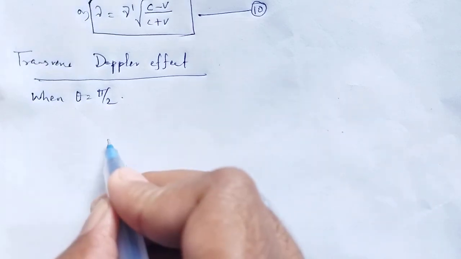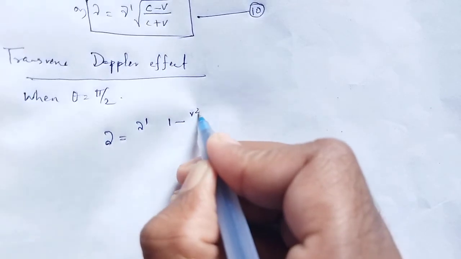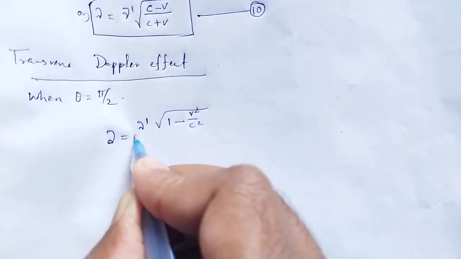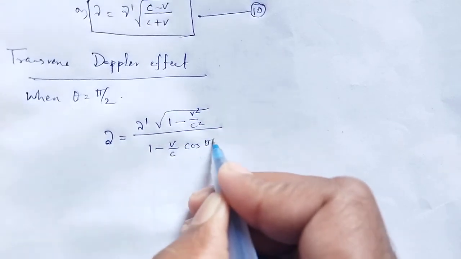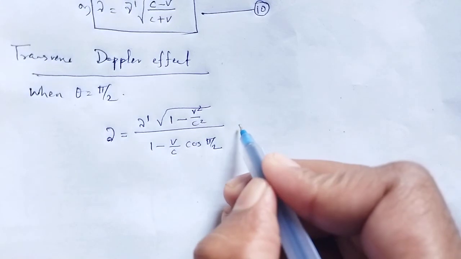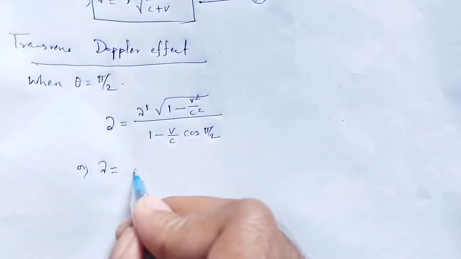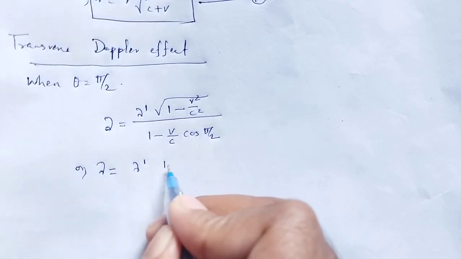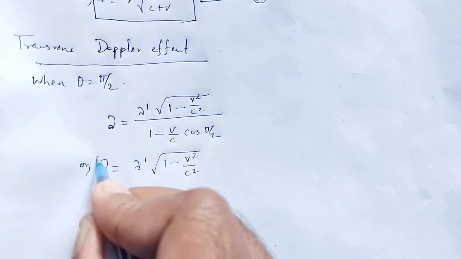Then the equation changes to nu is equal to nu dash square root of 1 minus v square by c square, divided by 1 minus v by c cos pi by 2. Cos pi by 2 is equal to 0. Therefore, nu is equal to nu dash square root of 1 minus v square by c square.